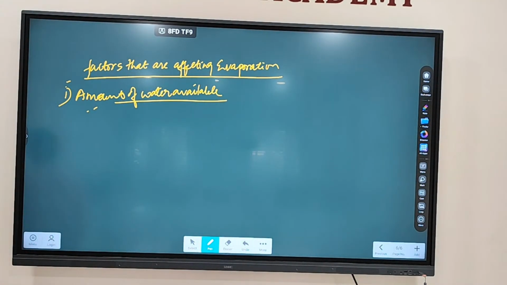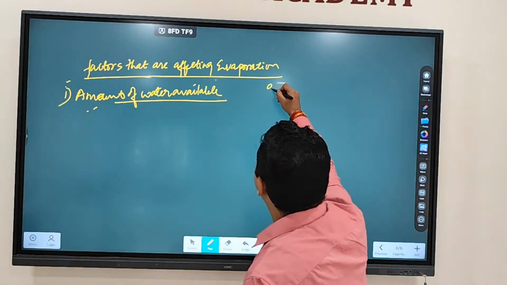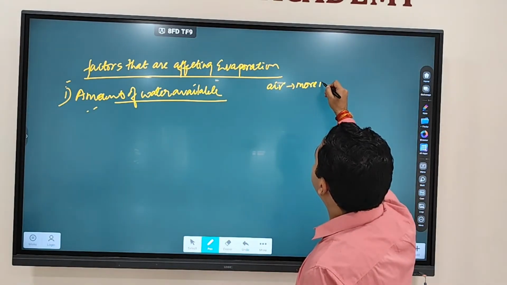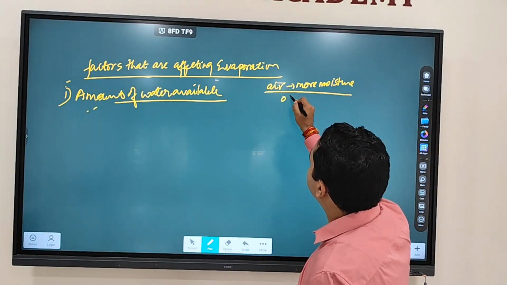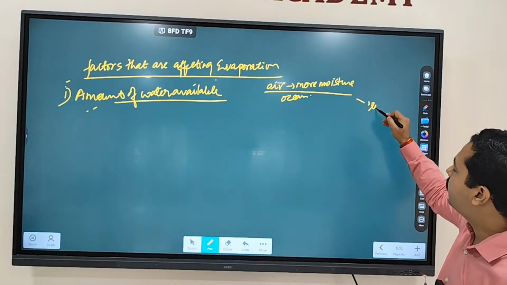This is the first factor determining evaporation. Where more water is there, evaporation will be higher. Where less water is there, evaporation will be less. That's why air will contain more moisture over the oceans, and less moisture over the continent.